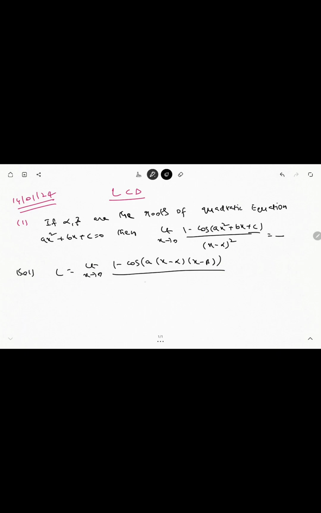Now in the denominator I am going to multiply a square into (x minus alpha) whole square into (x minus beta) whole square. What did we multiply there? A square into (x minus beta) whole square. So multiply and divide.